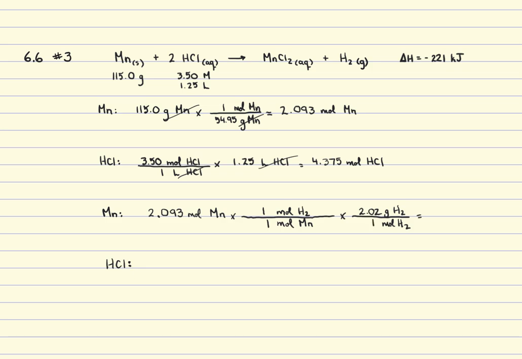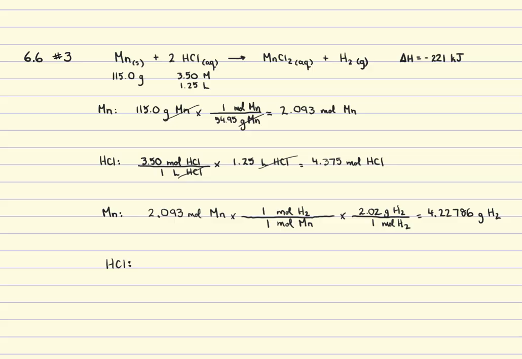When you work out this math, you get 4.22786. Again, I'm not limiting anything for sig figs until I'm happy at the end, okay? I need to know which one is limiting first of all.